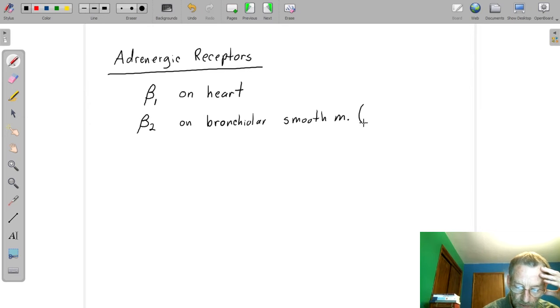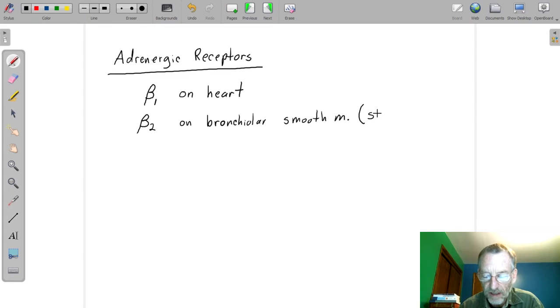And this is important because when the beta 2 receptors on bronchiolar smooth muscle are stimulated, it causes the smooth muscle to relax and the airways dilate so you can run faster.